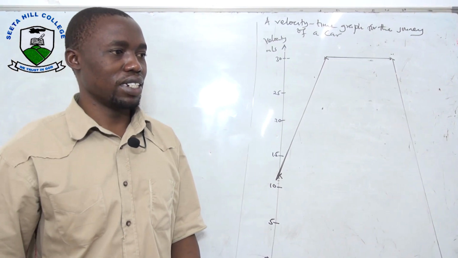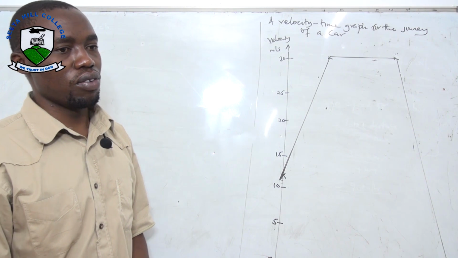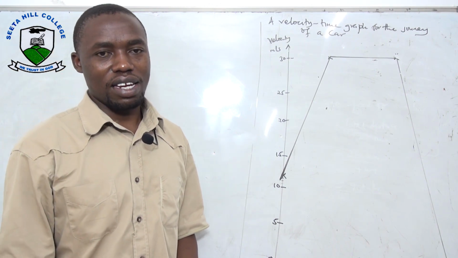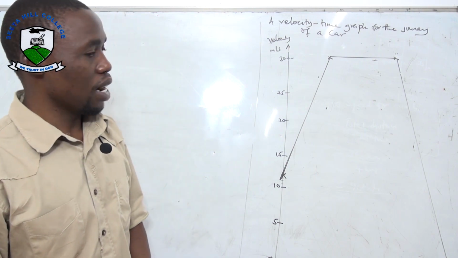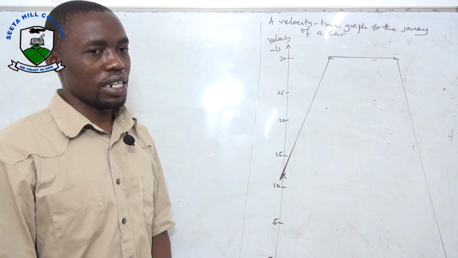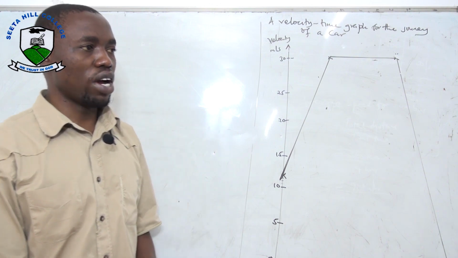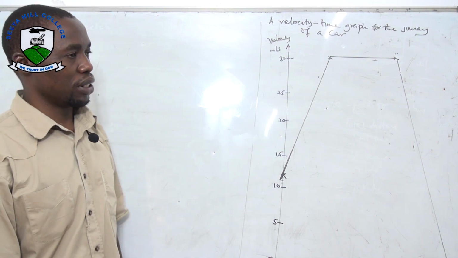Is that right? For the journey of a car. Now, the next part is to find the total distance that the car has traveled.